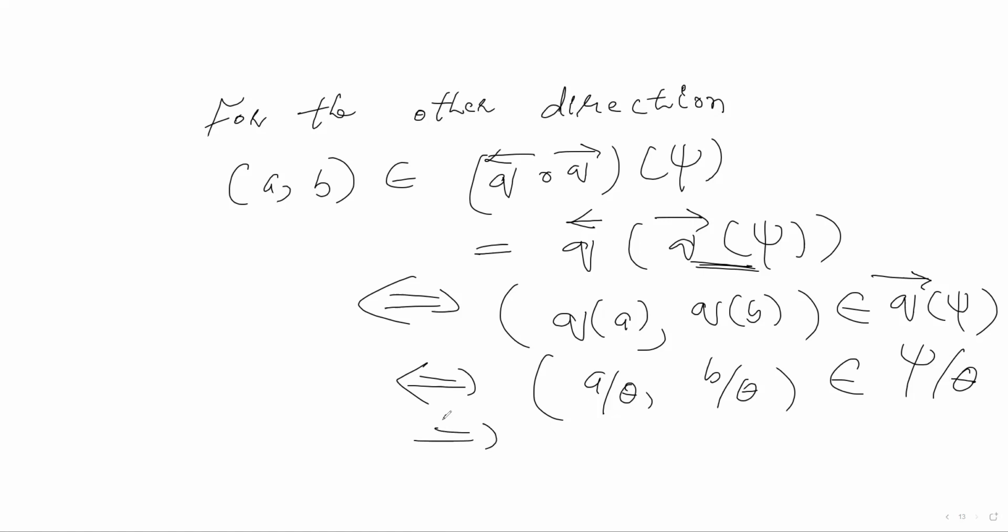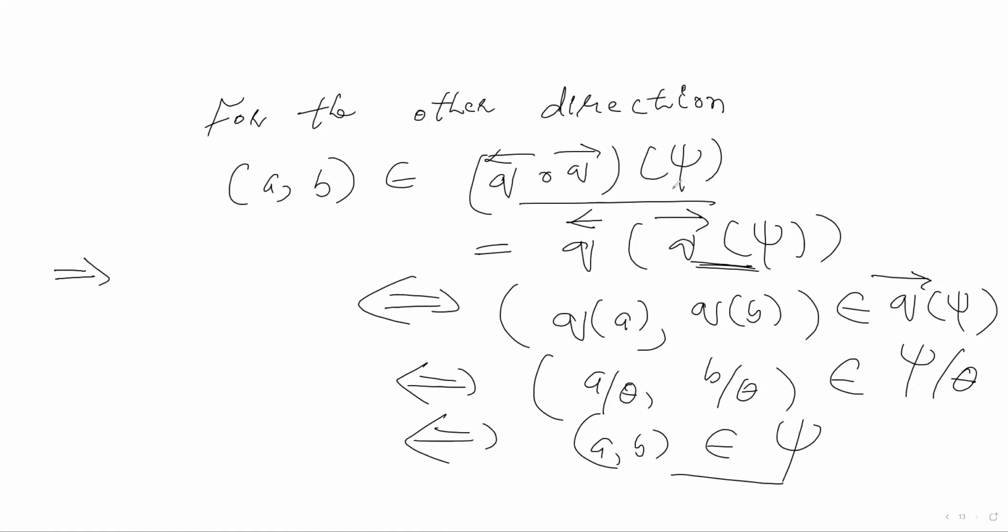And this is if and only if, by definition of psi by theta, A comma B belongs to psi. So A comma B belongs to this one if and only if A comma B belongs to psi. So therefore I can say that this also fixes psi. So therefore this is also the identity map.